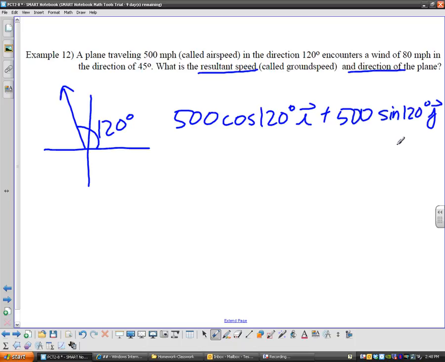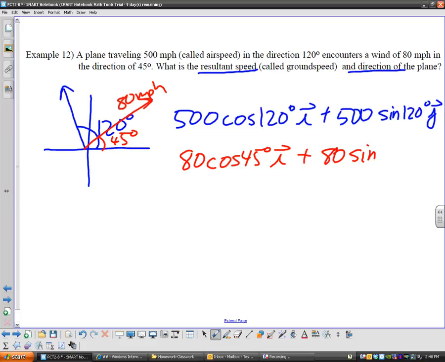Now the wind has a direction of 45 degrees and a speed of 80 miles an hour. So for the wind, we have 80 times the cosine of 45 degrees for the horizontal component, and the vertical component is 80 times the sine of 45 degrees.